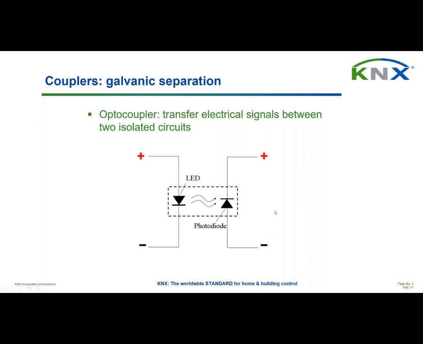They communicate via the specific technology illustrated here, with an LED and a photodiode. And this goes, of course, in both directions, not only from primary to secondary, but also the other way around. It's just to illustrate the principle, and this is how we get the electrical or galvanic separation, and hence two isolated circuits.